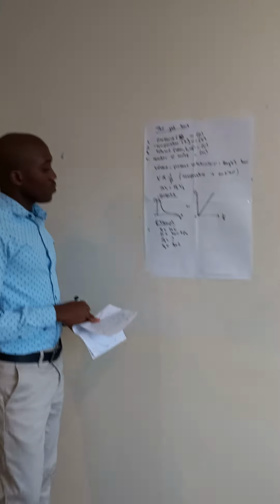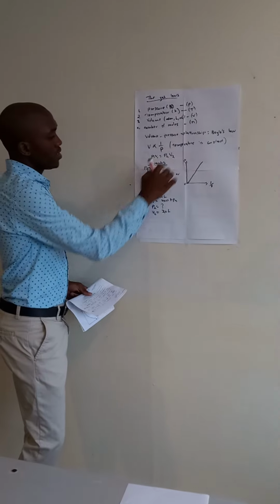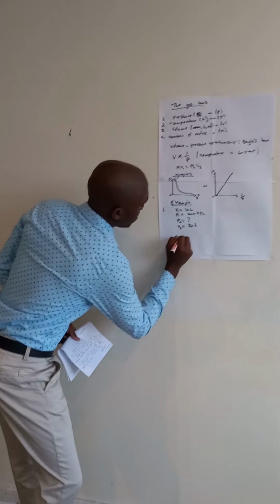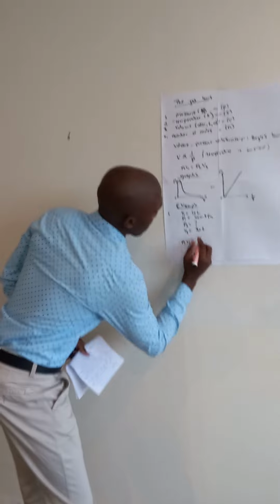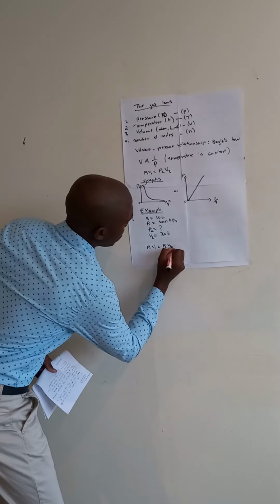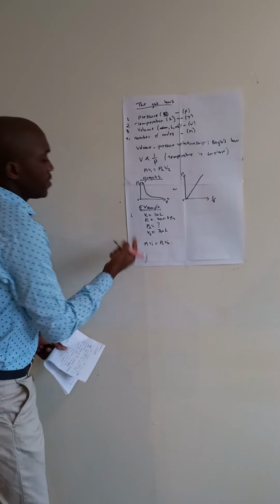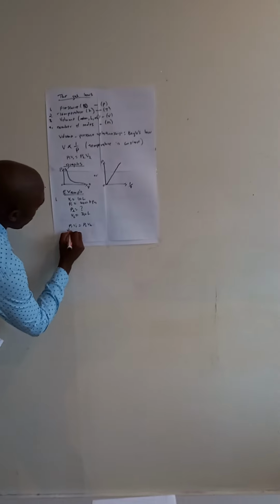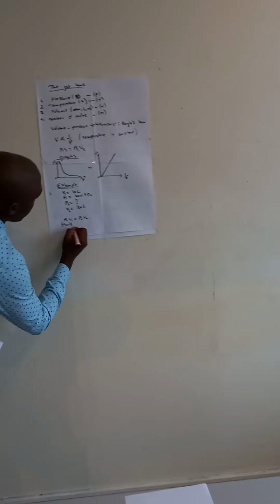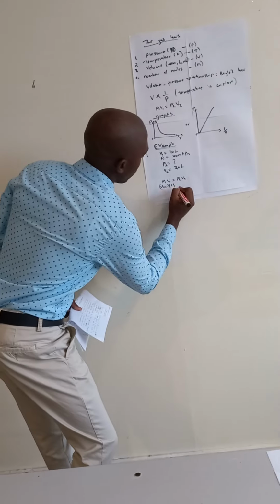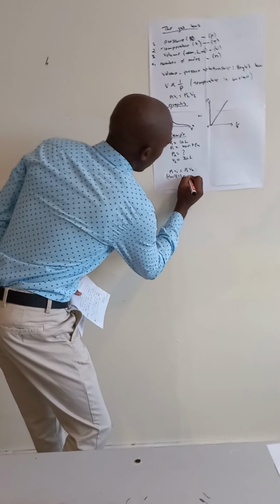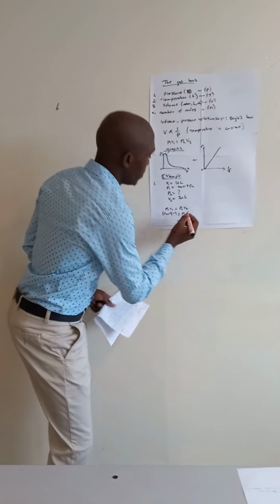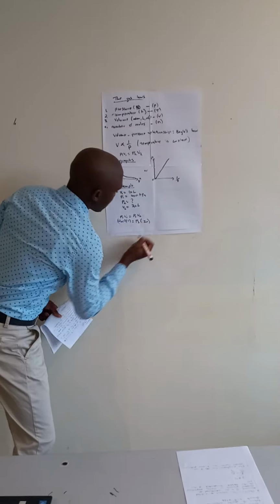So we will use this formula here: P1 V1 is equal to P2 V2. Substituting, our first pressure is 400, and our first volume is 1. We're looking for P2, and our second volume is 3 liters.